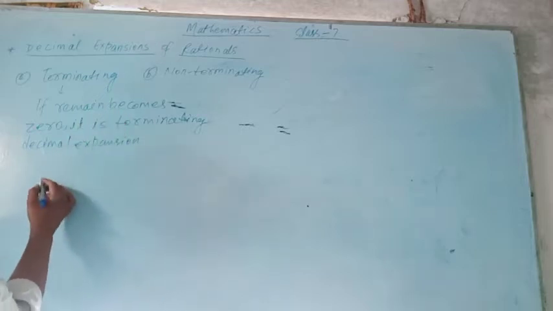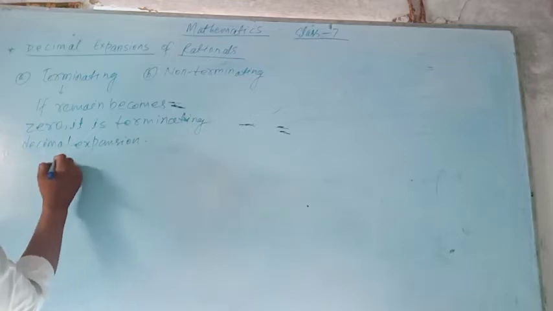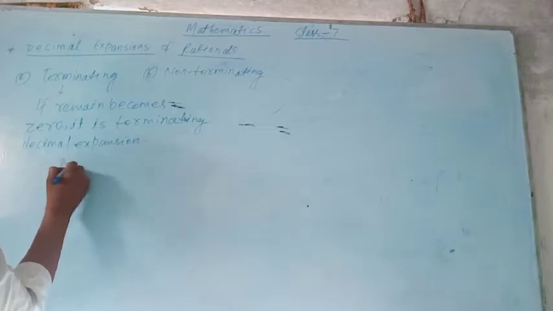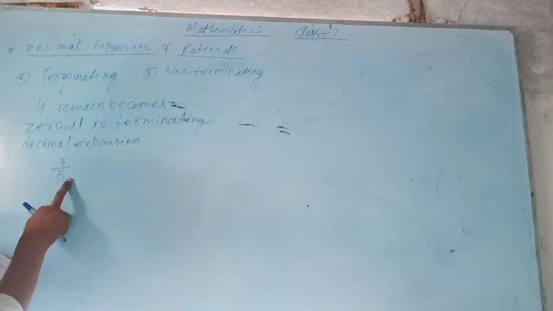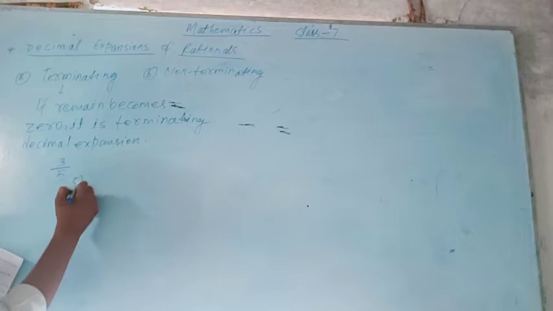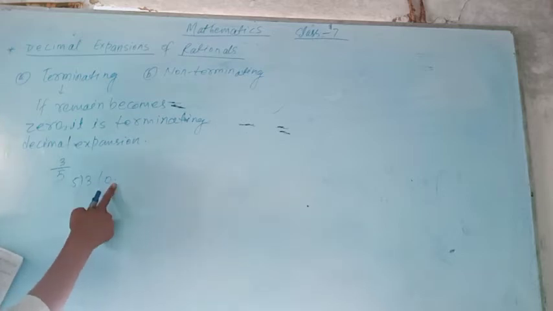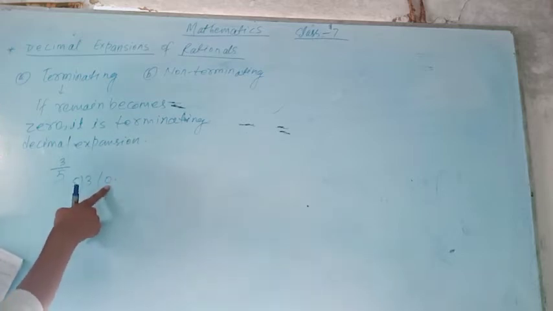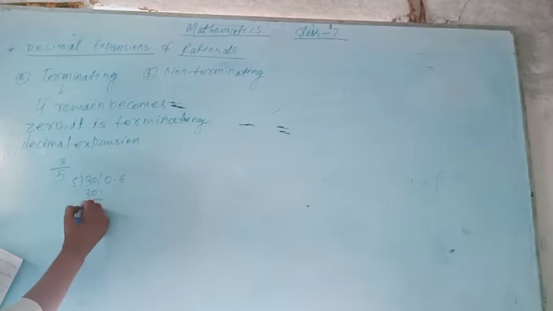Suppose a rational number is 3/5. If we divide 3 by 5 like this, 3 is less than 5, so before the decimal point we write 0 only. So 0 point, then 5 6s are 30. It will be cancelled.